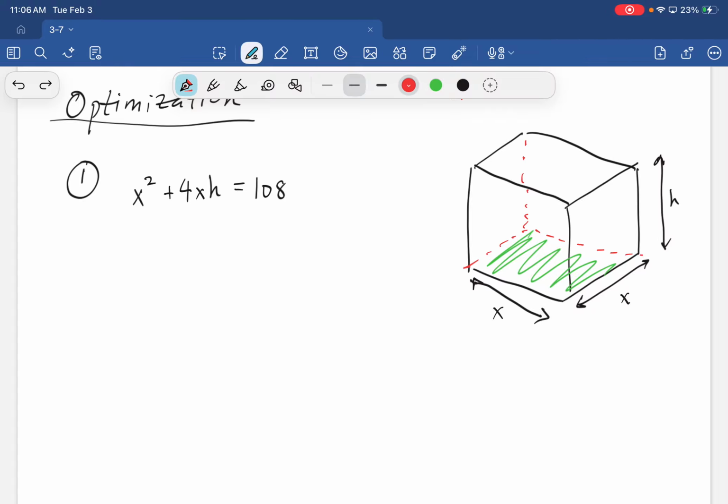We're solving for the value of x that will maximize f of x, which corresponds to the volume of the box. This function literally gives us the volume of the box, so we're trying to maximize this function. Okay, so our critical number is x equals 6.